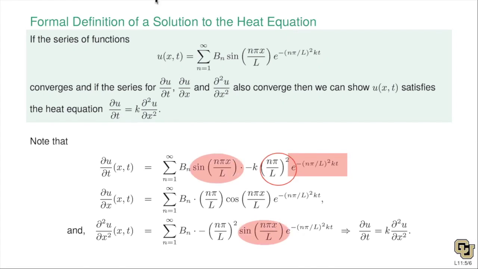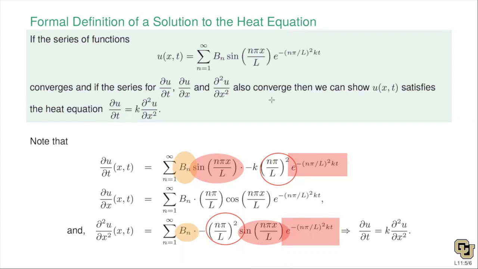There's the trig function, there's the n squared part, there's the exponential part, and then finally there's this b sub n coefficient in the front.